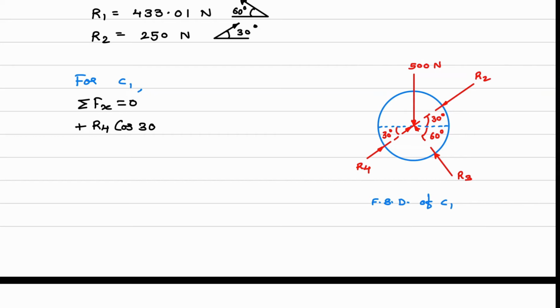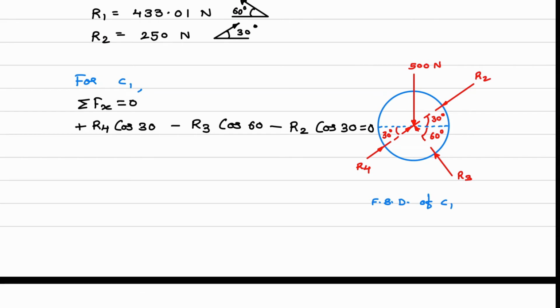Then if you consider R3, in x direction it will be towards left, so minus R3 cos 60, since the angle with respect to horizontal is 60. Next, R2's horizontal component is towards left, so minus R2 cos 30. And the last force, 500 Newton, is vertical, so it will not come in summation Fx equal to 0.